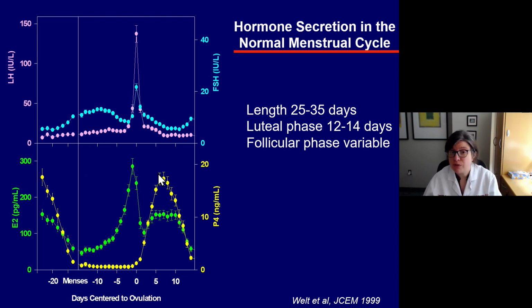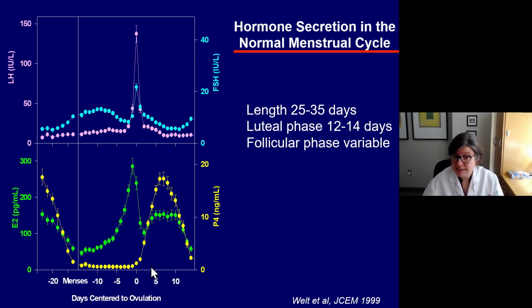And what's important to remember when we think about the menstrual cycle is that the length is almost always 25 to 35 days. So if someone says that they have a menstrual cycle that's every 20 days or 21 days, almost certainly many of those cycles may be anovulatory. Or if someone has a cycle that is 37 or 40 days, you have to think, is this an anovulatory cycle?